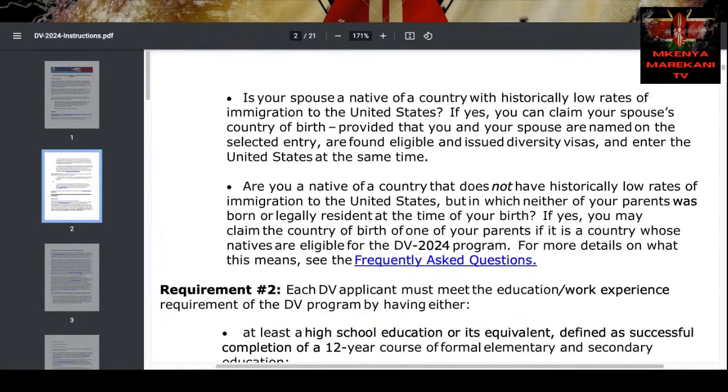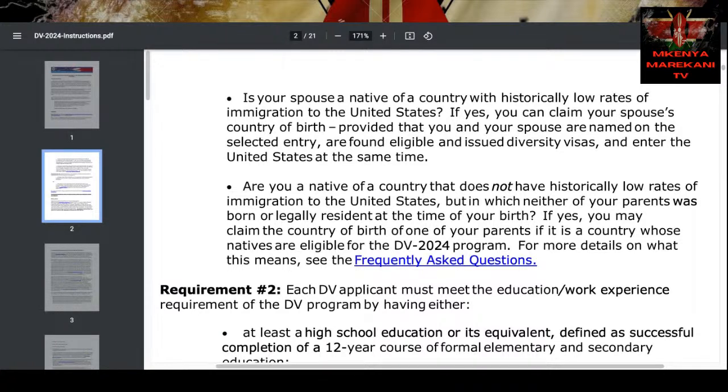And then, if you are a native of a country that does not have historical low rates of immigration to the United States, but in which one of your parents was born or legally resident at the time of your birth, you may claim the country of birth of one of your parents, if it's a country whose natives are eligible for the DV 2024 program.